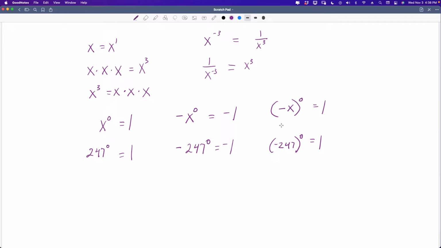So it matters when you have a negative sign. If you have parentheses and the 0 is on the outside, it equals a positive 1. If you have a negative and there is no parenthesis and you have the 0, it's a negative 1.